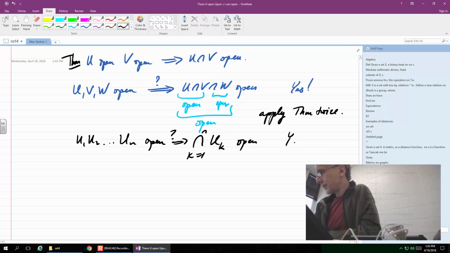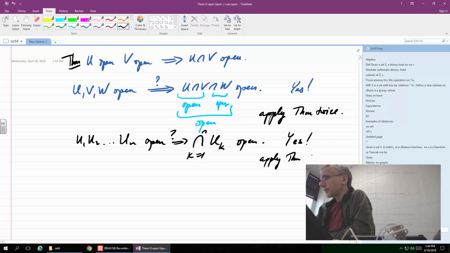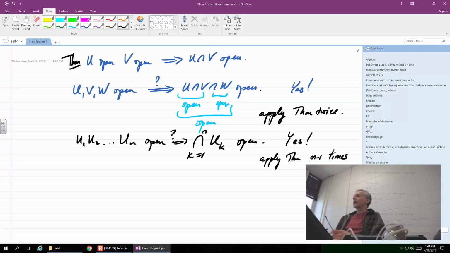Yes, because you just keep applying the theorem intersections. How many times? N minus 1 times. So when you have 2, apply once. When you have 3, apply twice. Like induction? Right. It is an induction.